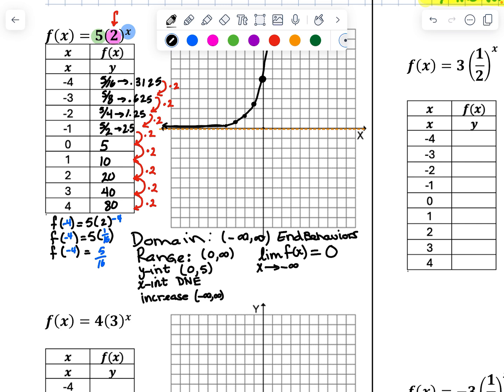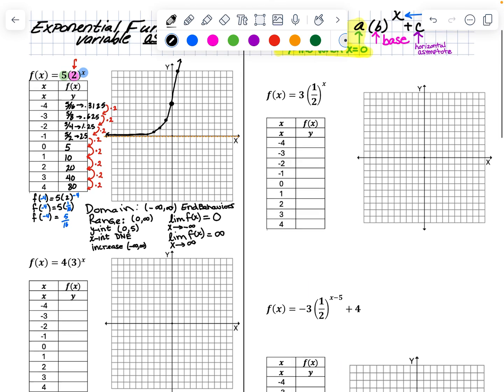It's approaching 0. It's approaching that yellow line. But the right-hand side of the graph is continuing to move up and to the right. So as it increases, it also moves to the right. So the right-hand side of the graph is going towards infinity, and the left-hand side of the graph is approaching 0.